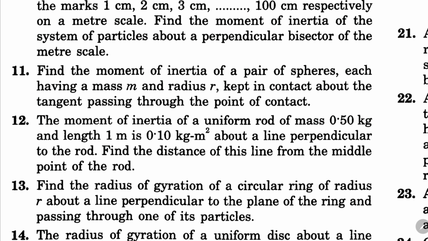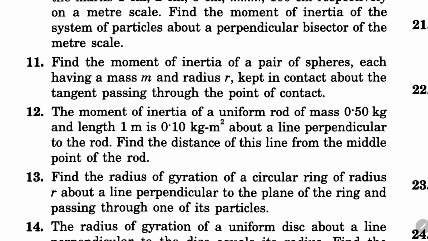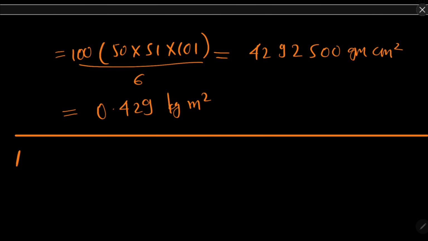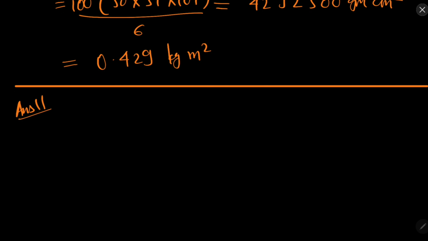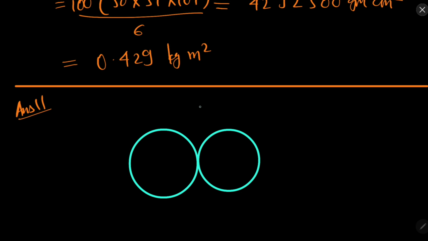Now we need to find the moment of inertia of a pair of spheres in the 11th question, each having mass m and radius r, and they are kept in contact, about the tangent passing through the point of contact. So in the 11th one, what do we have? We have 2 spheres kept in contact.